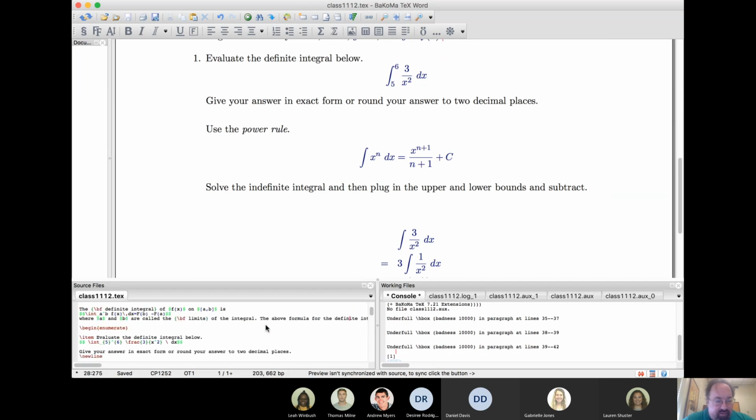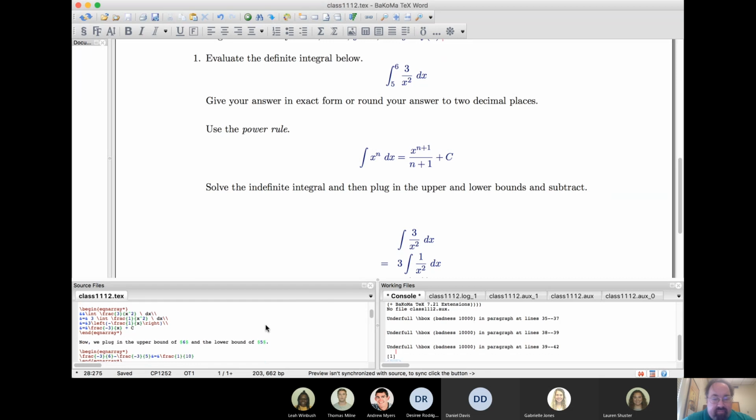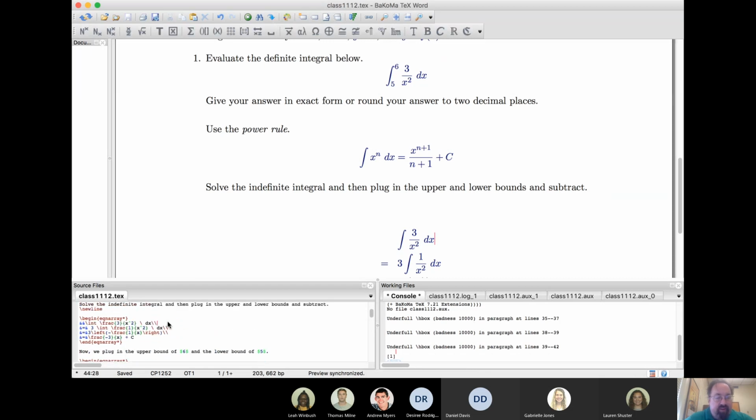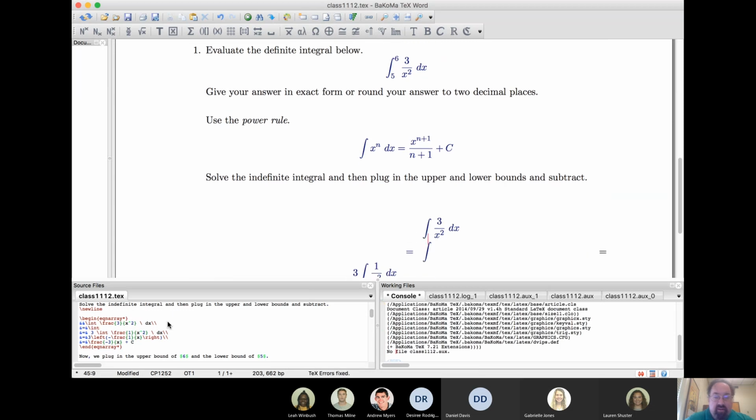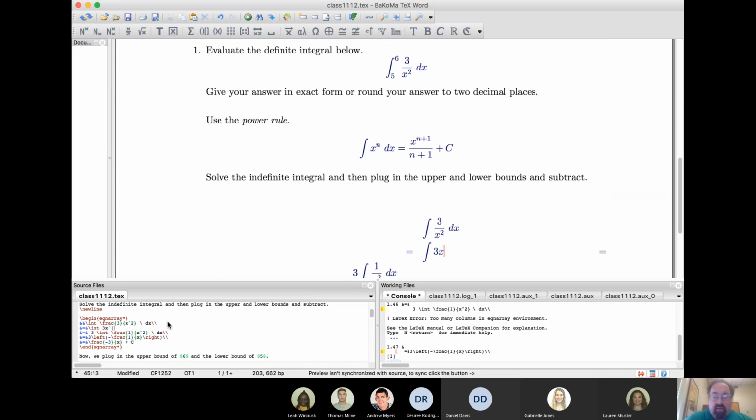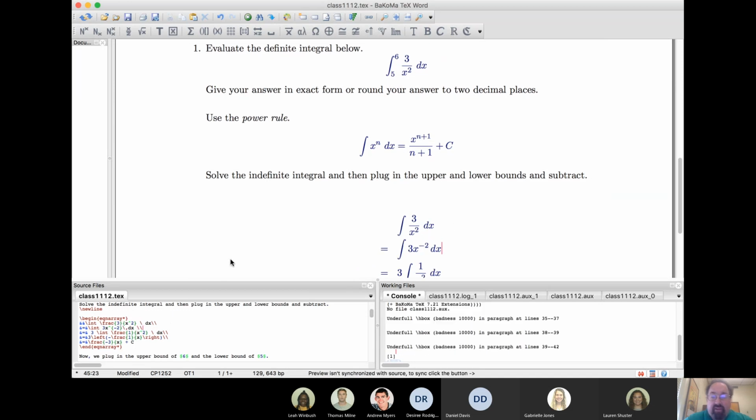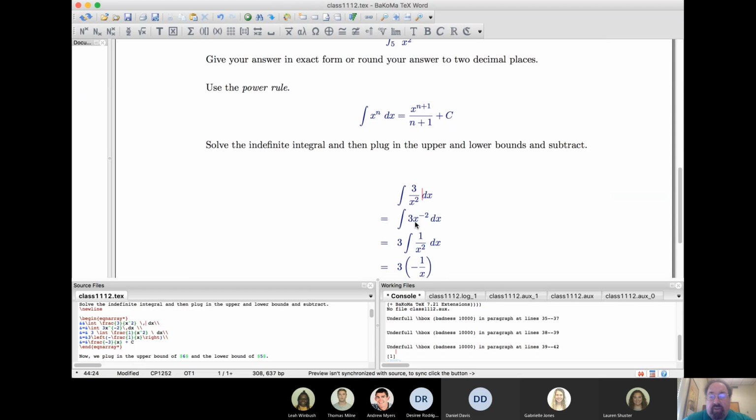So I'm going to write it that way: 3x to the minus 2 dx. Now, the factor of 3 you can just pull out of the integral. Constant factors you can always pull out.